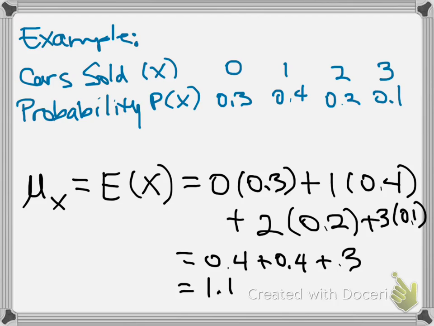So that means that we would expect most often to sell one car, which shouldn't be too shocking since that is the result that has the highest probability in our distribution, with a probability of 0.4. But we'll expect that most of the time our sales during the first hour of business on a given Friday will be somewhere between 1 and 2 cars.